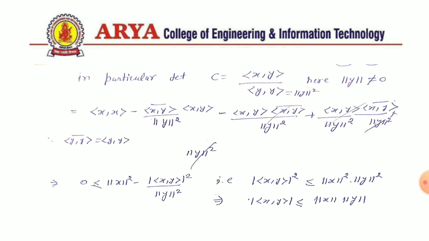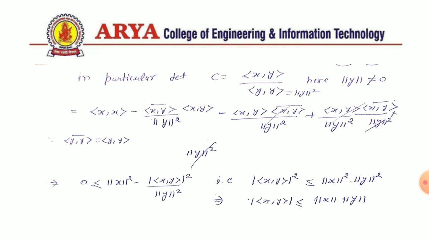Now, in particular, if we take c equals inner product of x and y upon inner product of y and y, that is norm of y whole squared, where norm y is not equal to 0, and if we put the value of c in the previous equation, then we get this equation.